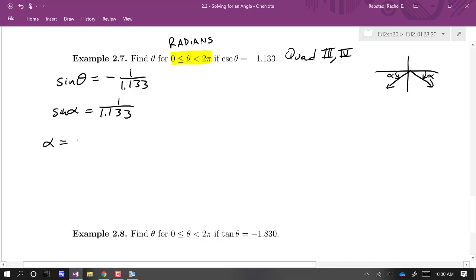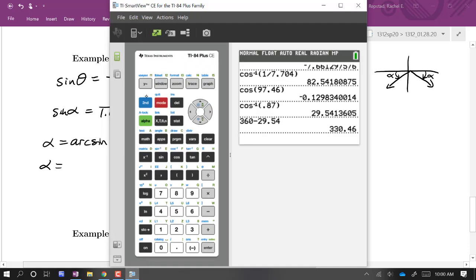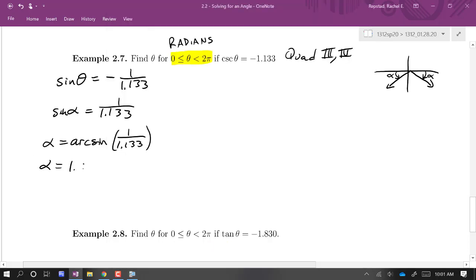Alpha is going to be arc sine 1 over 1.133. $1.081.